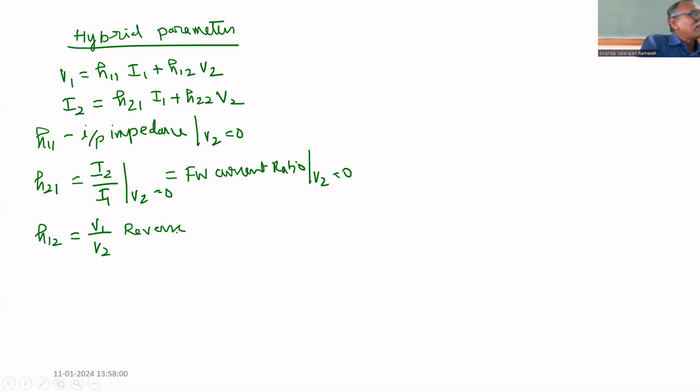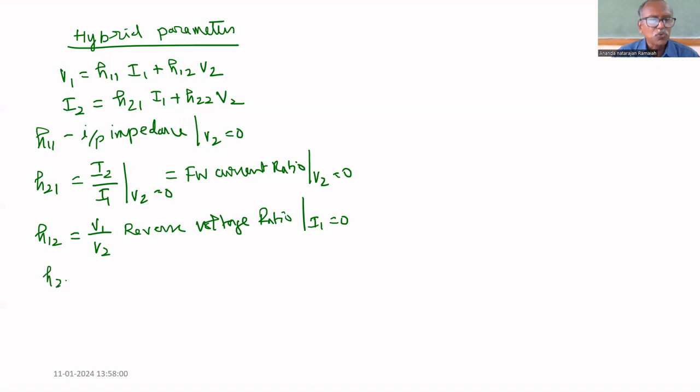Normally we tell all ratios as output by input. Here it is input by output. That's why reverse voltage ratio, provided I1 equal to 0.